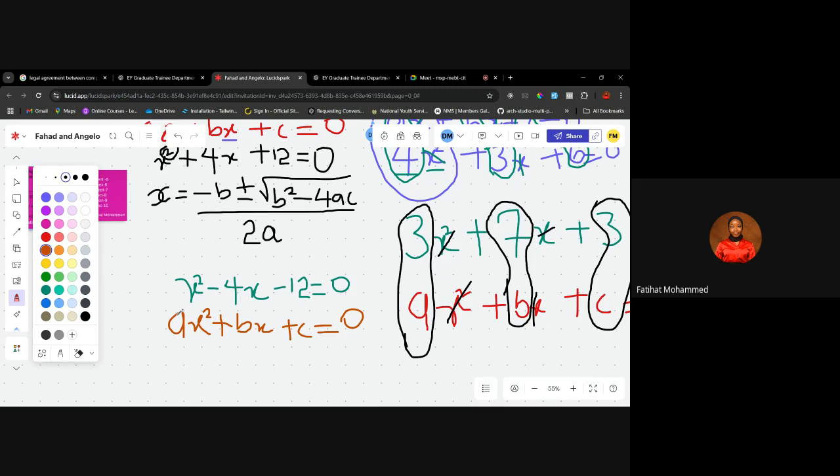My a in this equation will be equal to the coefficient of x squared here, which is 1. So your a will be 1.